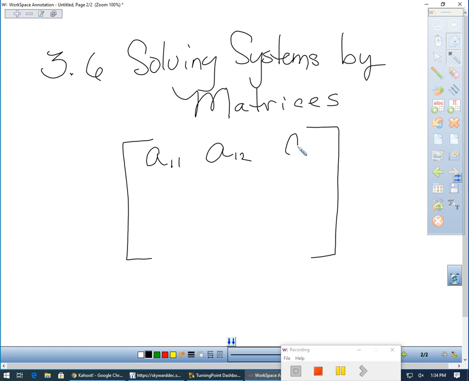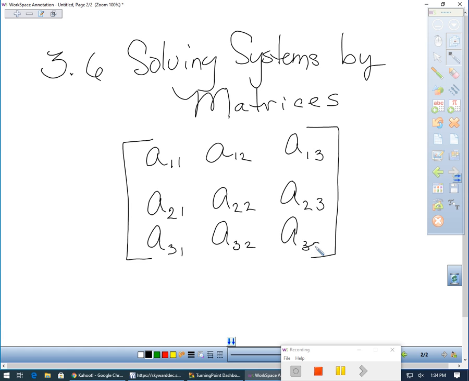Third one would be A, 1, 3. Then the next one would be A, 2, 1. A, 2, 2. A, 2, 3. Okay? And if I happen to have one more row in here, that would be A, 3, 1. A, 3, 2. And A, 3, 3.